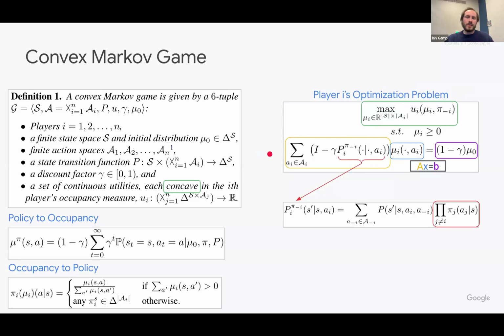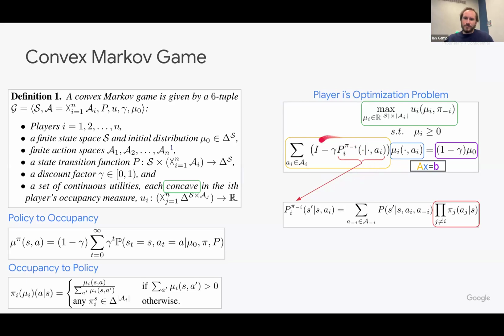Essentially, any probability that you have flowing into a state needs to be equal to the probability flowing out of the state if it's a stationary distribution. This term in yellow does not depend on player I's occupancy measure, but it does depend on the other players' policies. Effectively, if all the other players are held fixed, then just fold their policies into the environment and construct a new transition matrix that just looks at player I's actions and the transition between joint states.